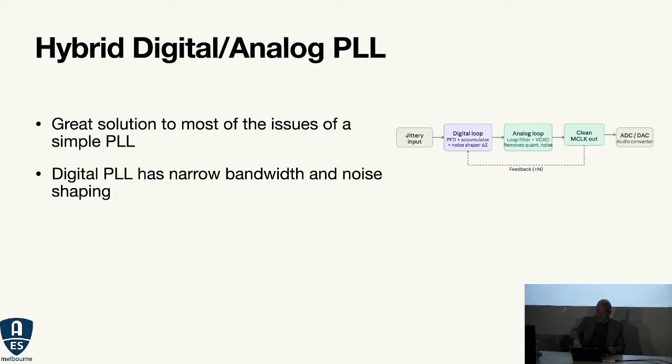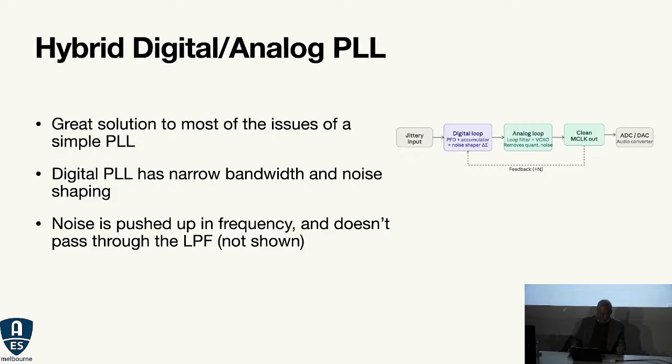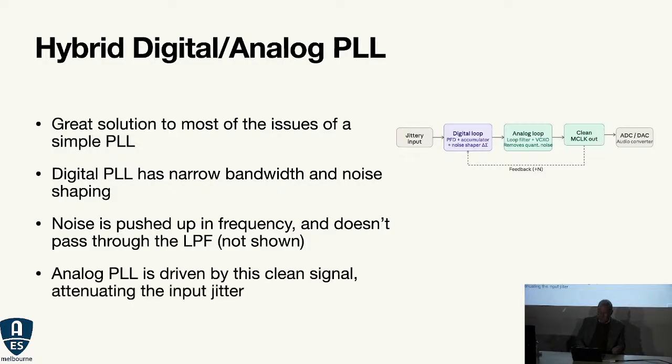And then, I don't show it here, but the output of that digital PLL actually has a little low-pass filter there. So if you push your noise up in frequency and you low pass filter that, now that noise is gone. So we push it up, it doesn't go through that low pass filter.